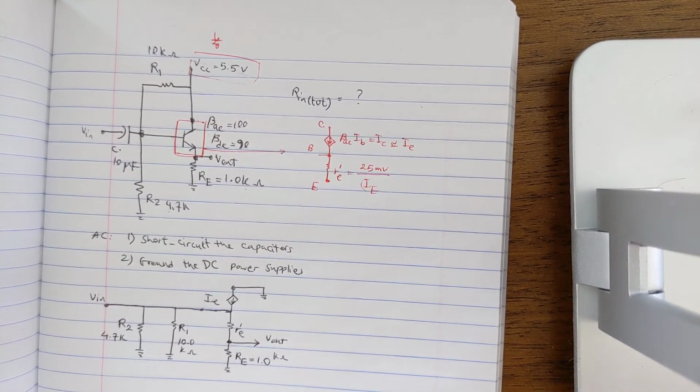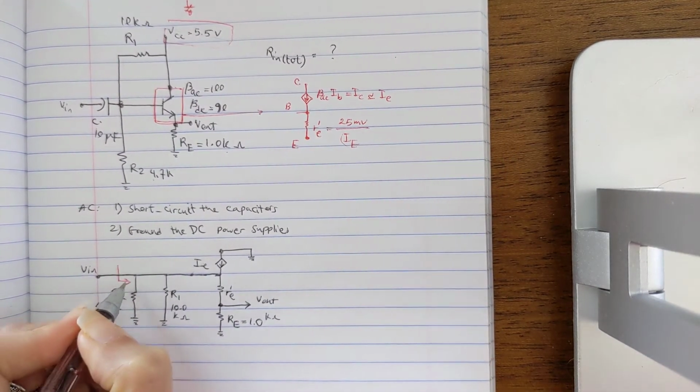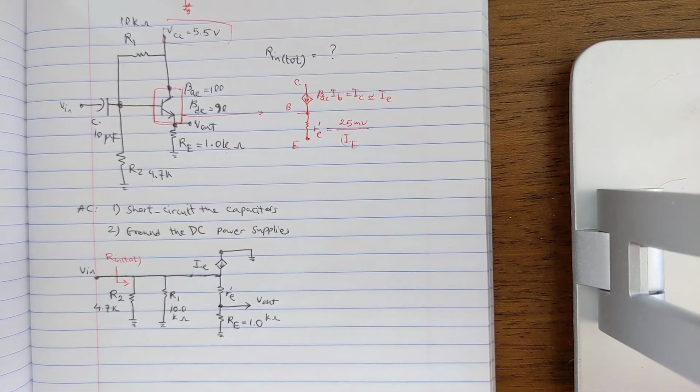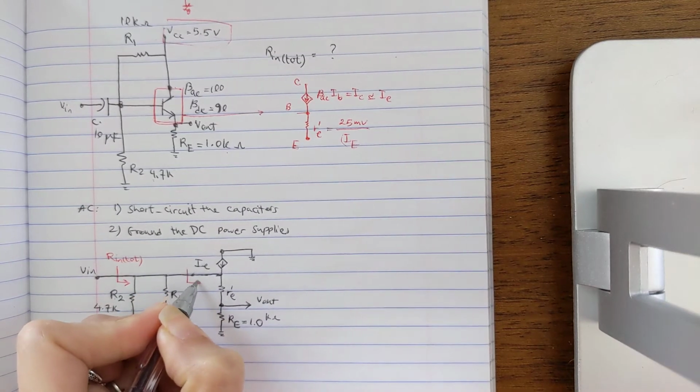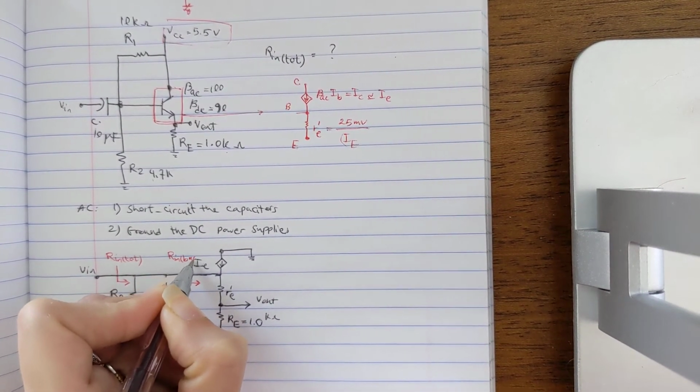Right? Okay. Now in order to find R in total here, we can see that R in total is R2 in parallel with R1 in parallel with another resistor that we call R in base.